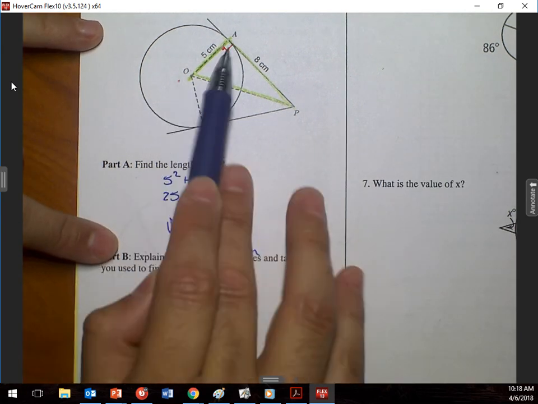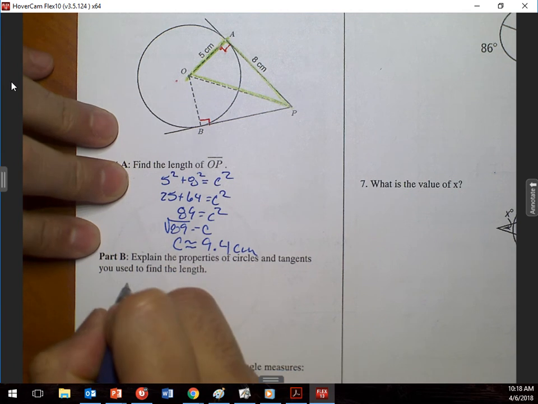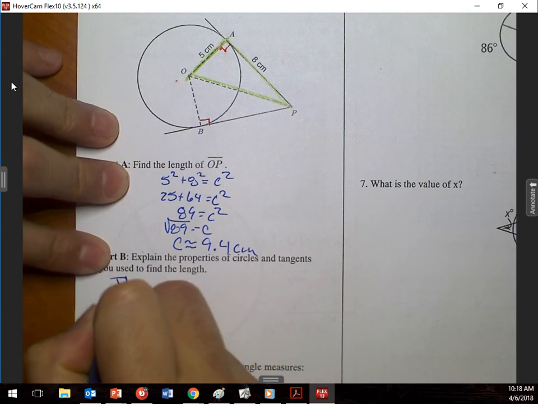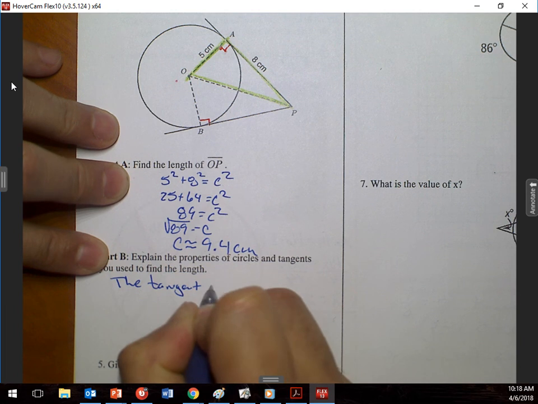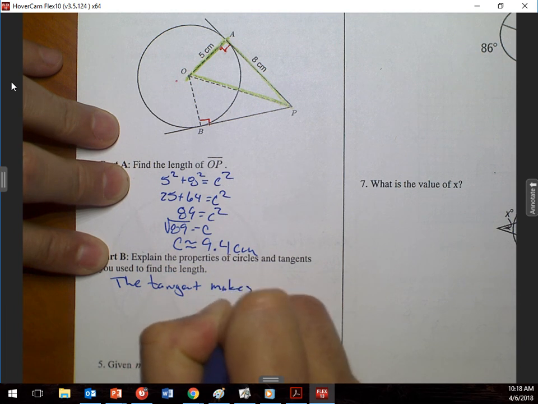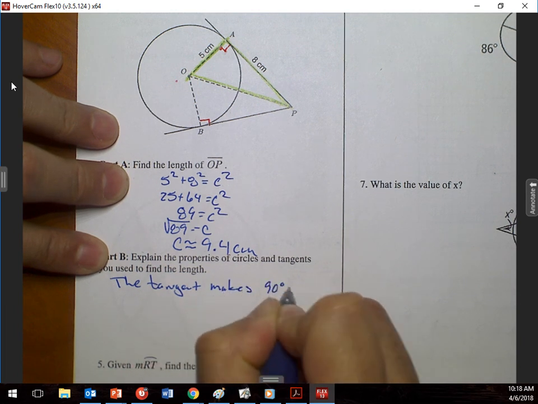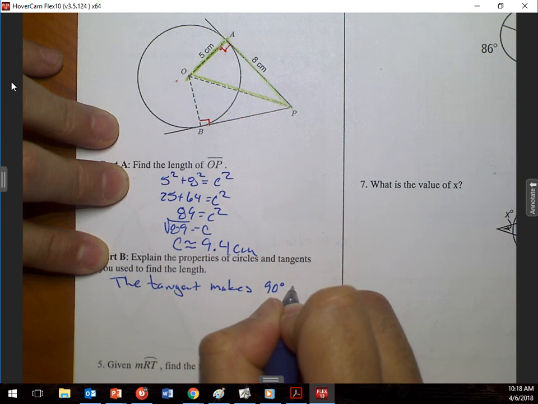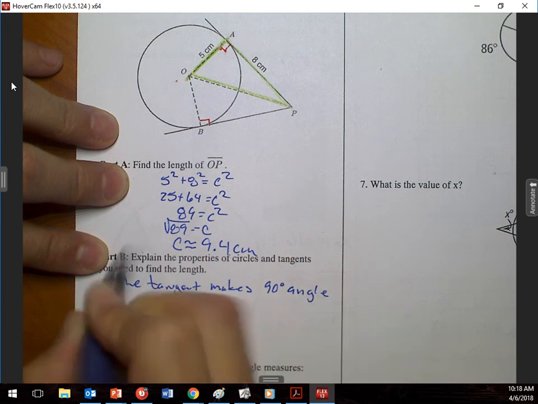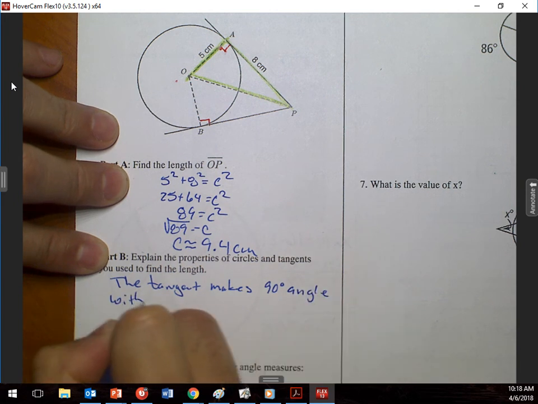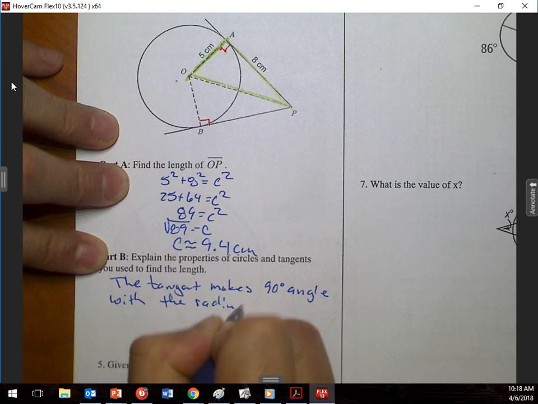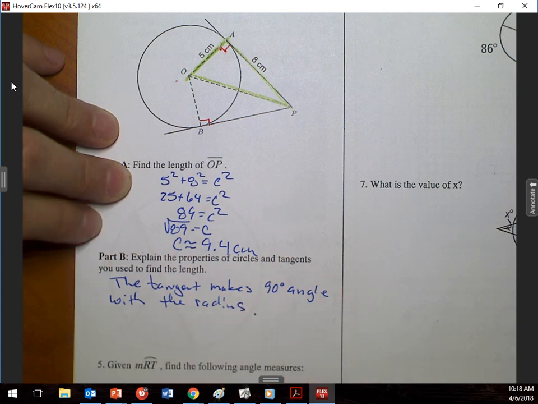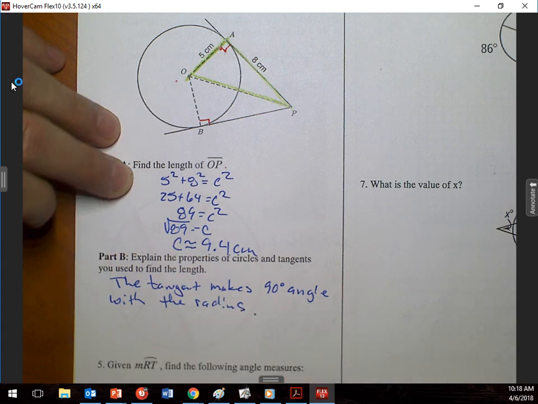Okay, so the tangent makes a 90-degree angle with the radius.